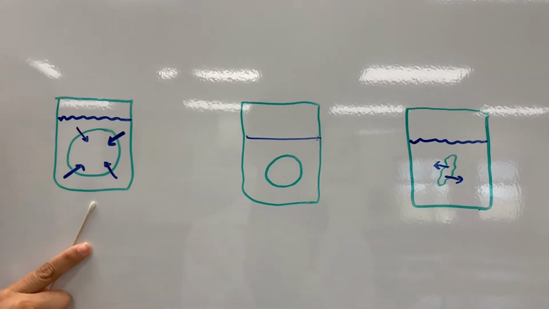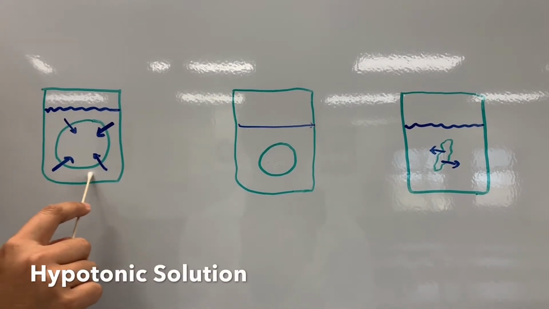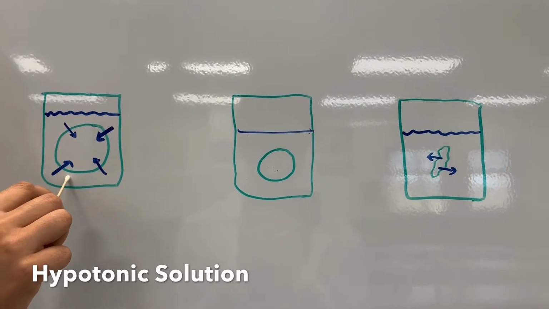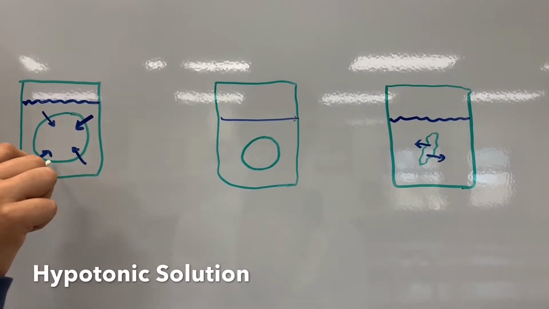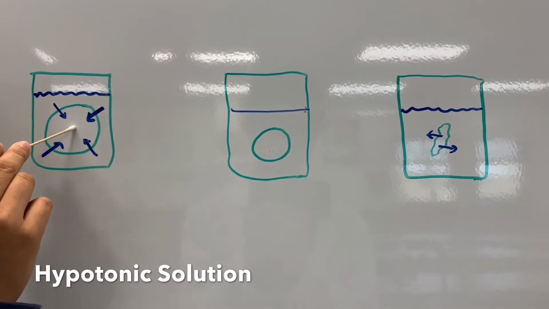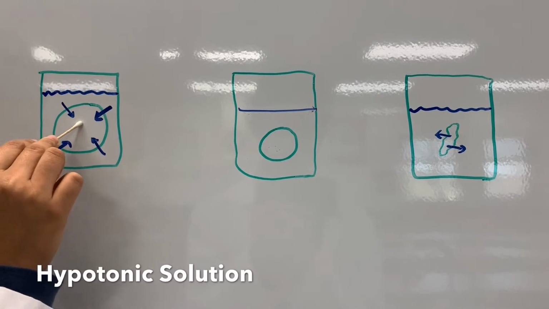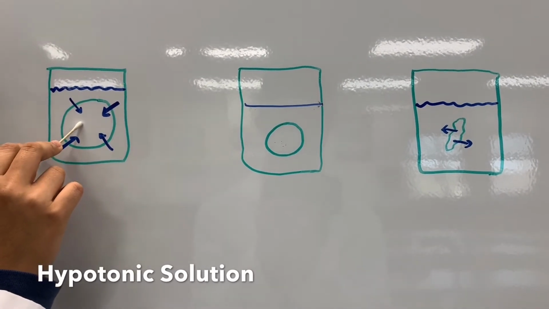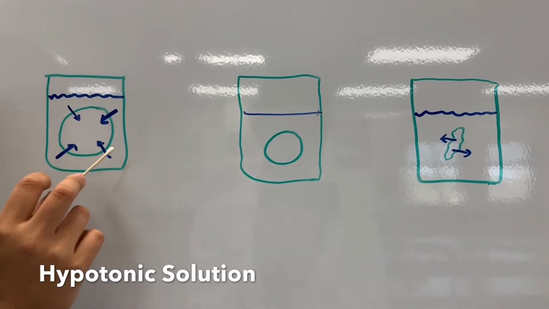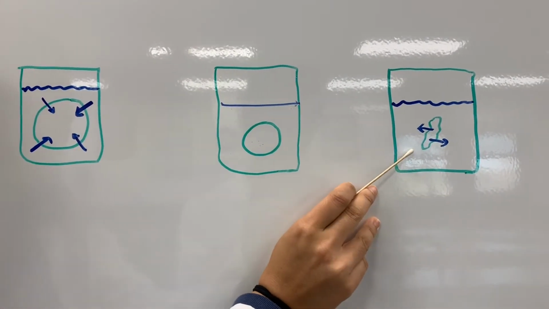And this one is a hypotonic solution. When the solution is hypotonic, the concentration is a lot higher inside the cell, so it's going to pull the solution inside to balance the concentration. And this one is the opposite.